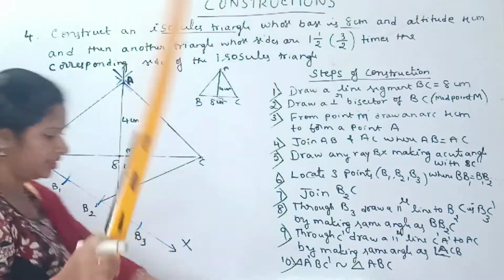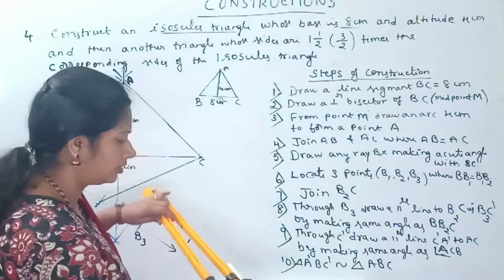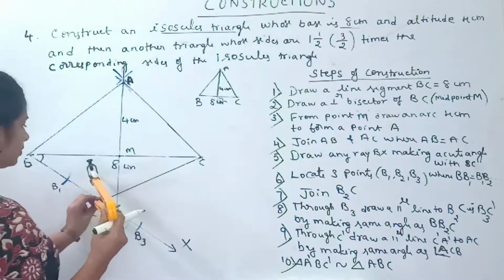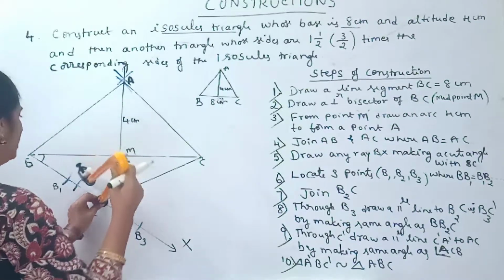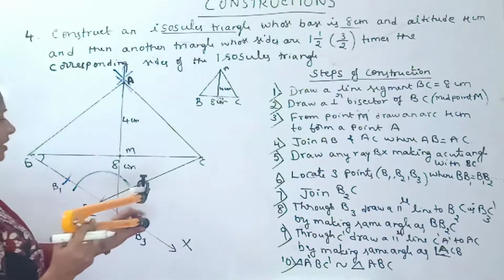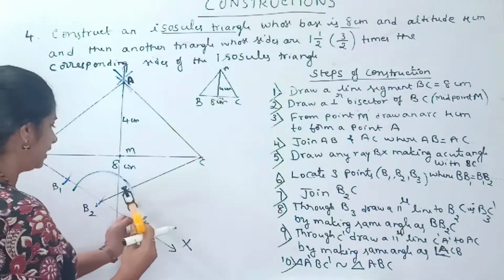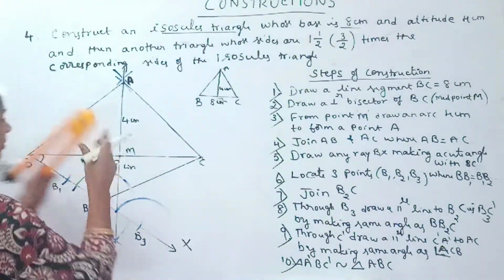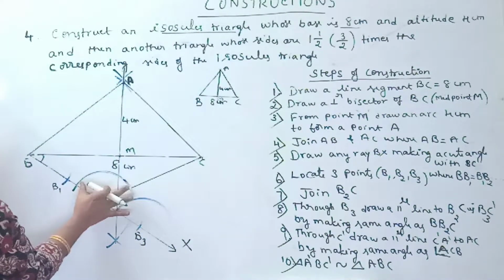How to construct, children? Take compass, any measurement you take, and keep your compass on B2, draw one arc like this. Then same measurement, keep your compass on B3, draw another arc. Now measure the angle formed between these two lines.